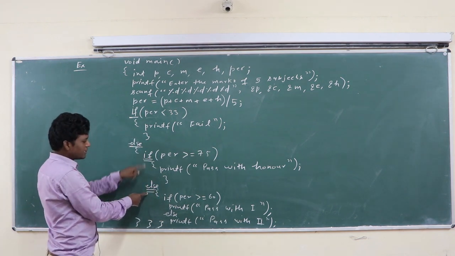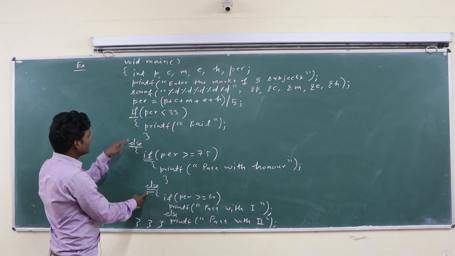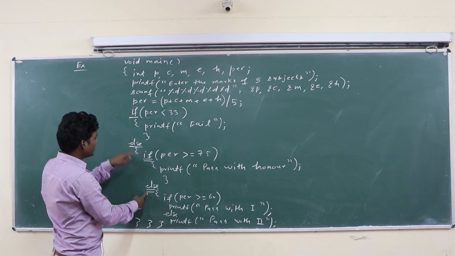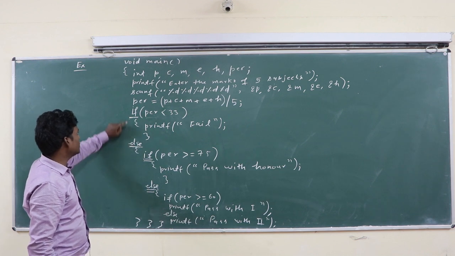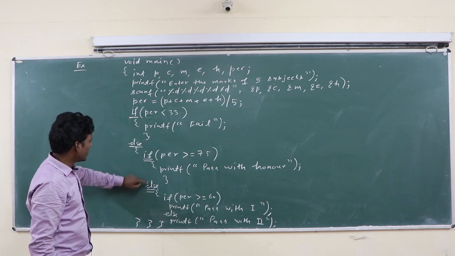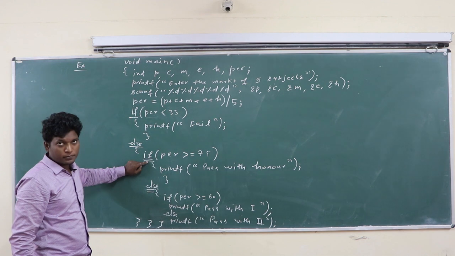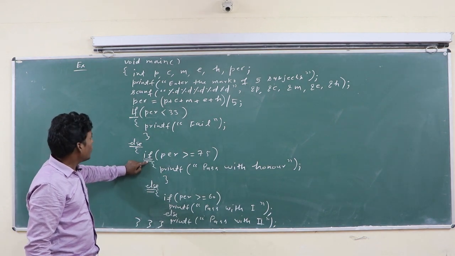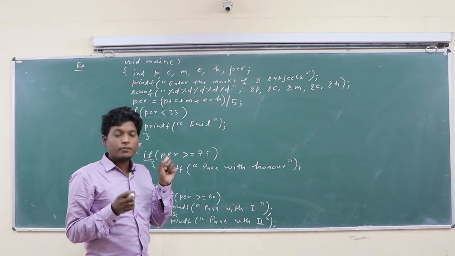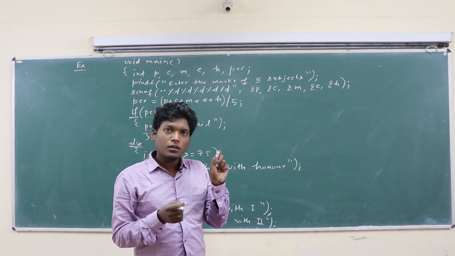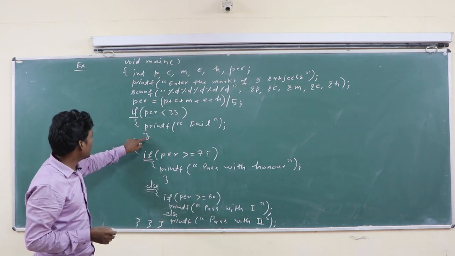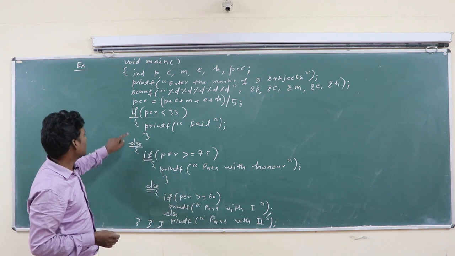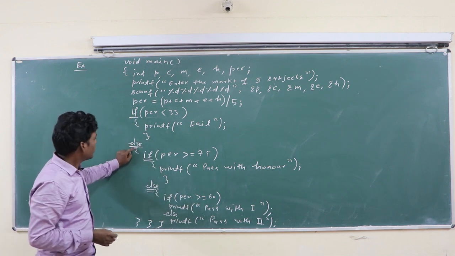So this else is related to this if, and this else is related to this if. When an if is closed, then its else will start.